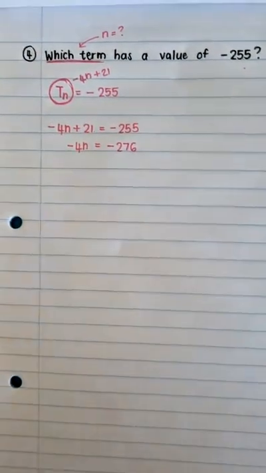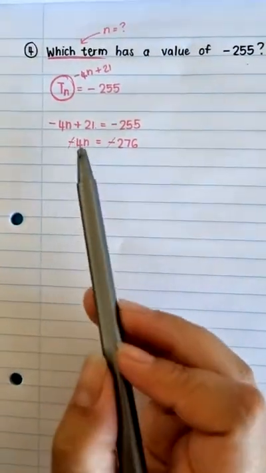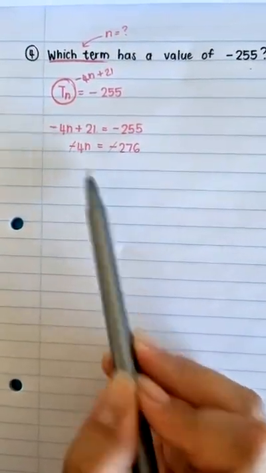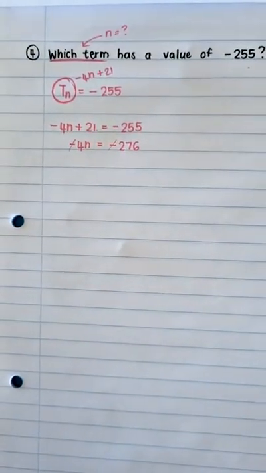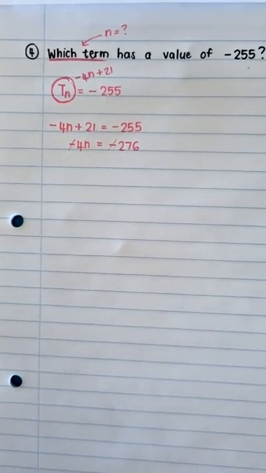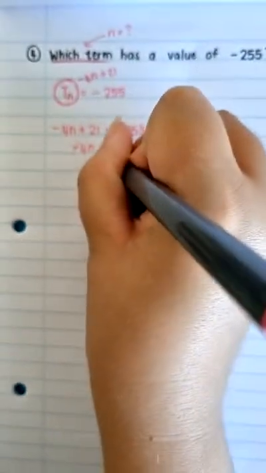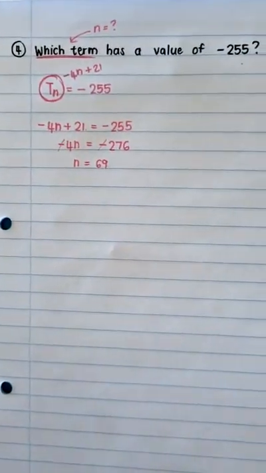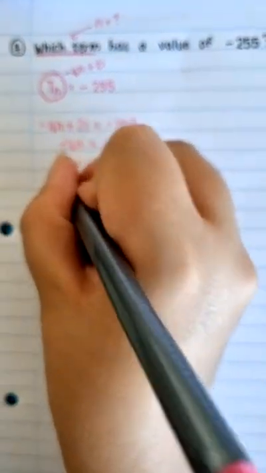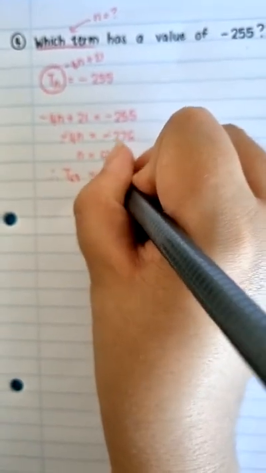All right, if you want to, you can just cancel out the negatives, or you can just say that you're going to divide this number by negative 4. You'll get the same answer either way. So you have negative 276 divided by negative 4. So n is equal to, like many of you guys said, 69. All right, so that is saying that term 69, the 69th term, is negative 255.